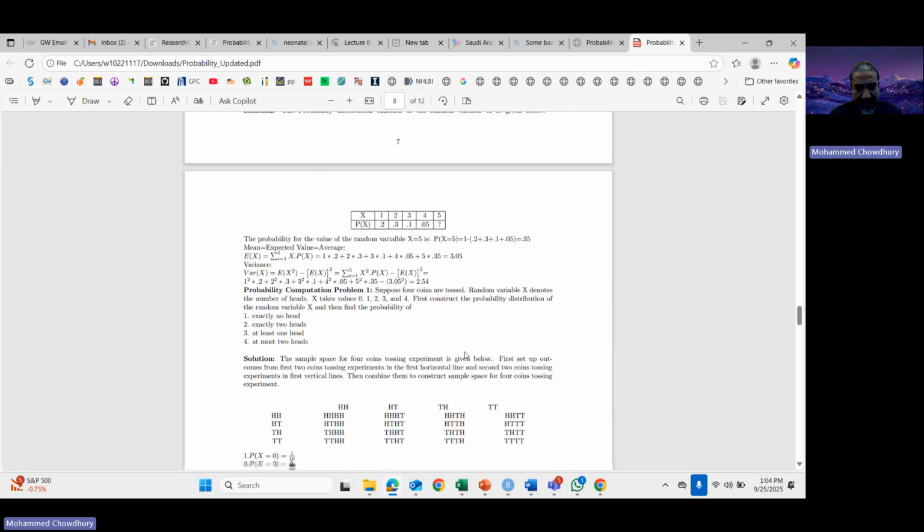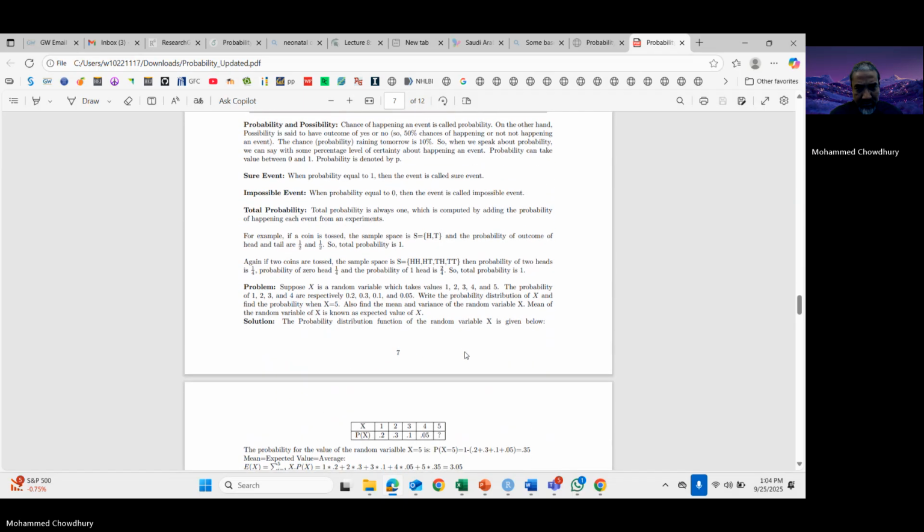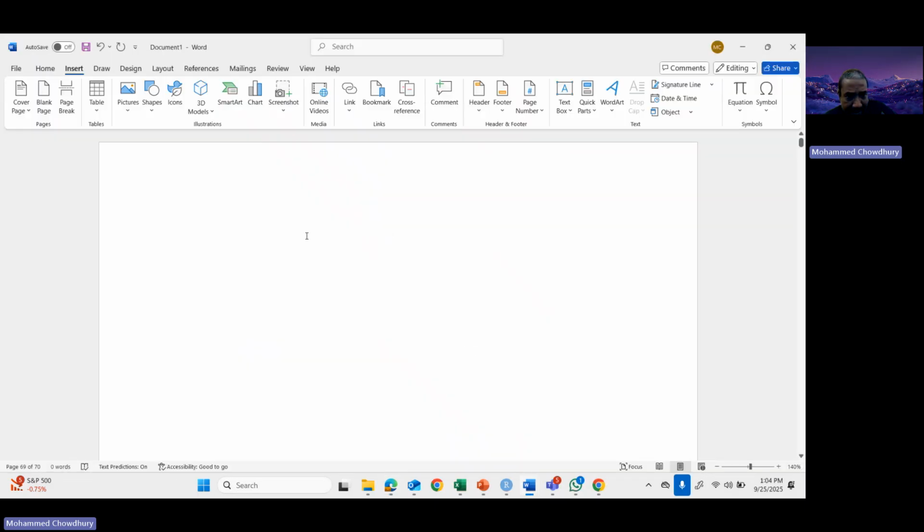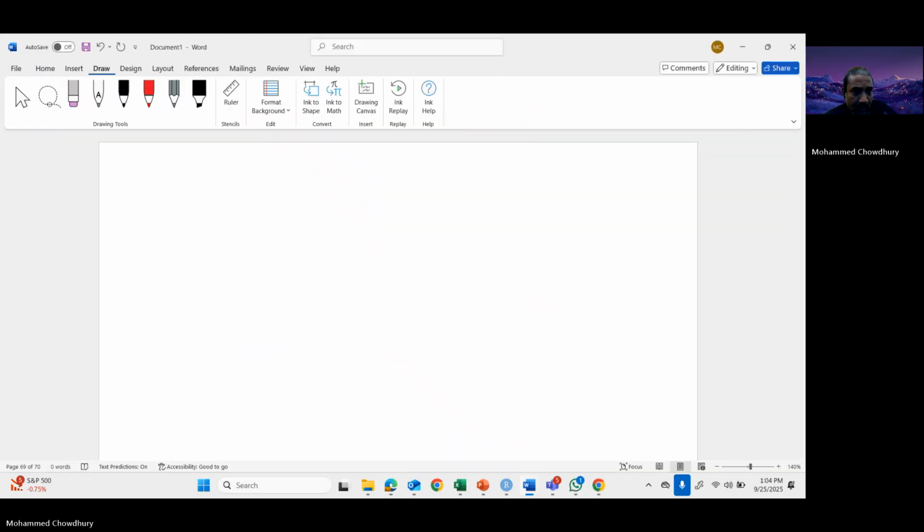Now I want to discuss something that I did not discuss. So total probability is equal to 1, right? Total probability is equal to 1. Suppose X is a random variable, and here is my P(x), okay?